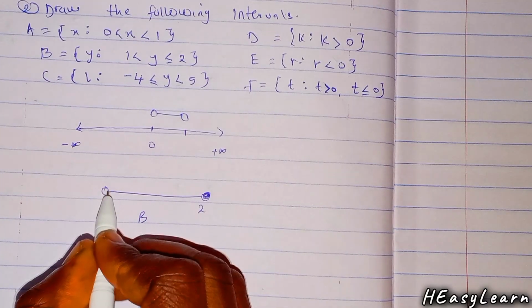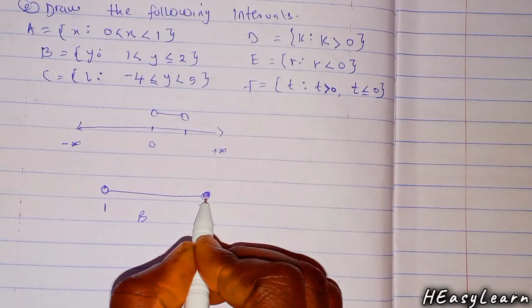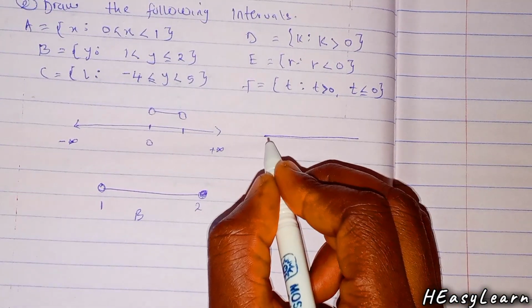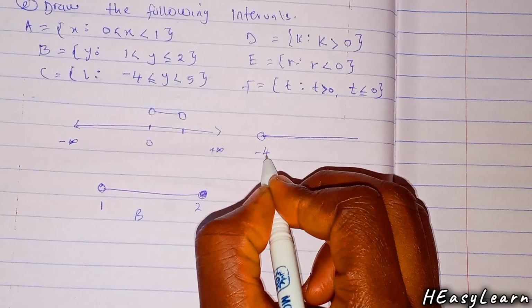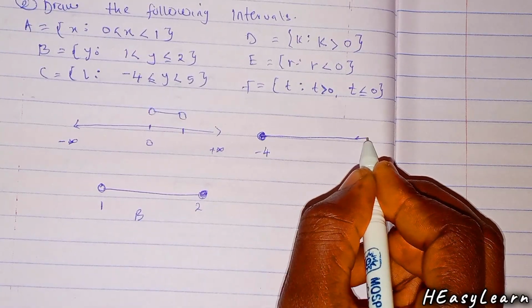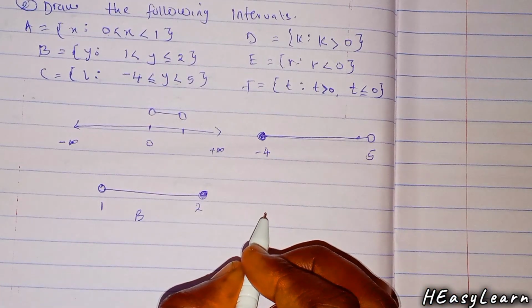B is a set, 2 included. What of C? C is a set from minus 4 included to 5 excluded. So what of D?